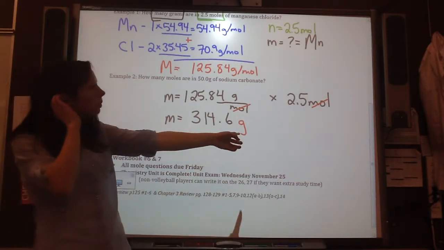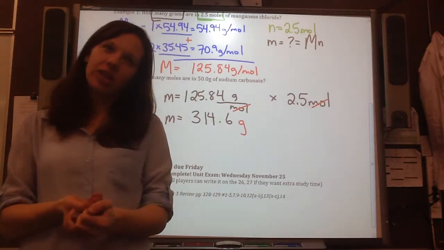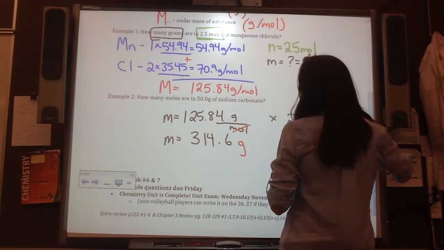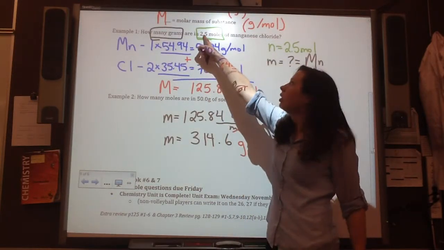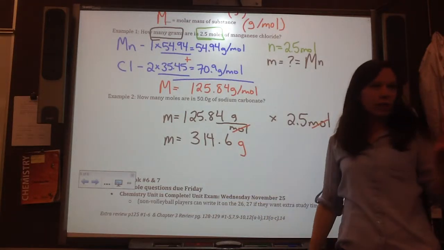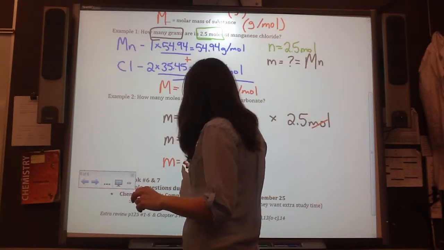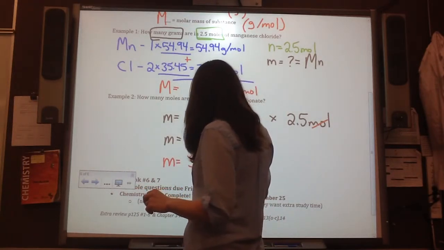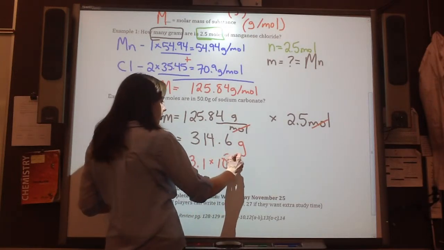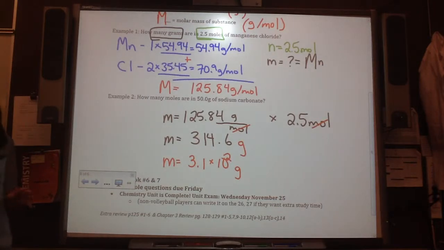Okay. So now what we have to do is look at our significant digits. We look back at the question, and the question had 2 significant digits. So we have to rewrite this in 2 significant digits. So then m is really 3.1 times 10 to the power of 2, because I won't round up.